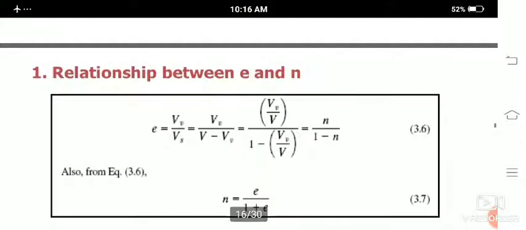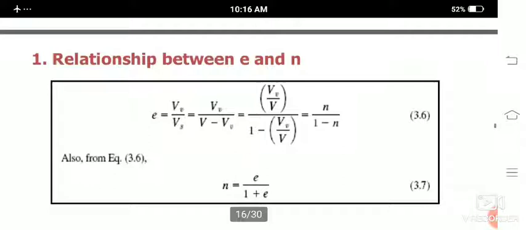So the relationship between void ratio and porosity is nothing but our equations. In the same way, n is equal to e by 1 plus e, that means void ratio divided by 1 plus e.